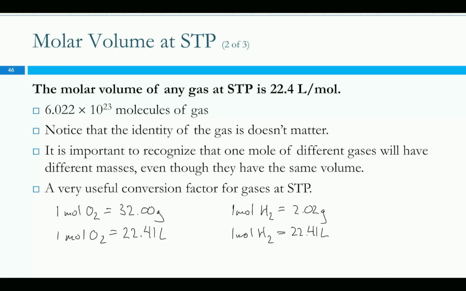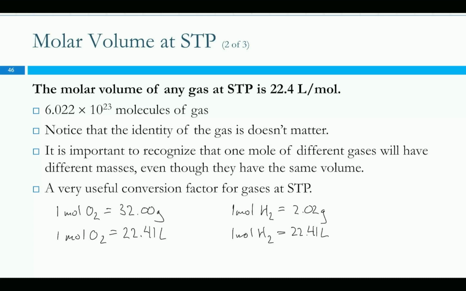So what's mass per volume? Molarity is moles per volume of solution, but grams per liter, grams per milliliter? We could convert the grams into moles, but this is already for 1 mole, right?